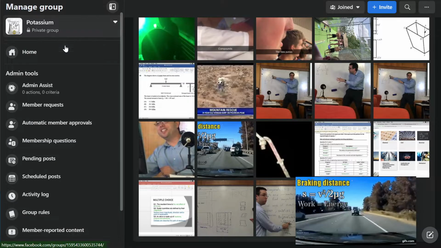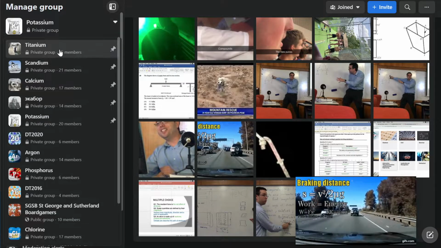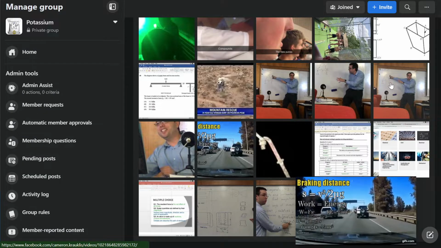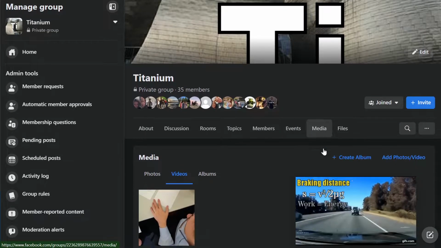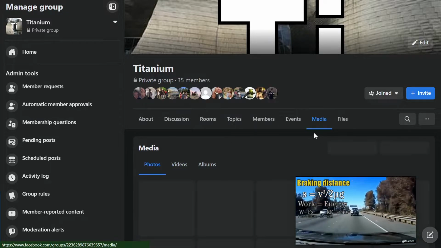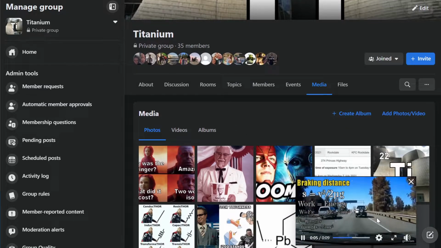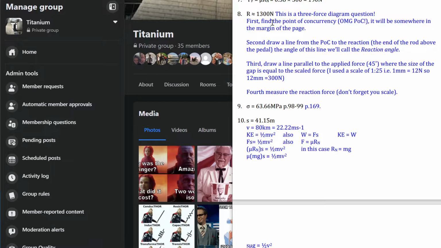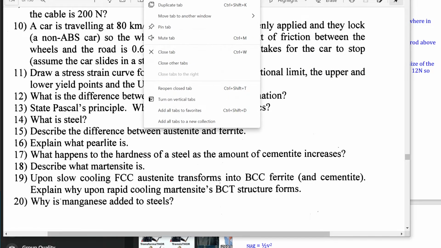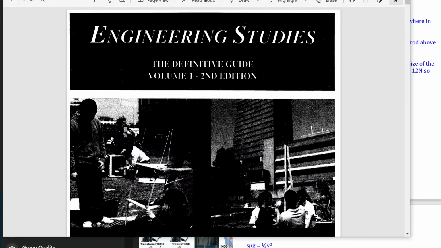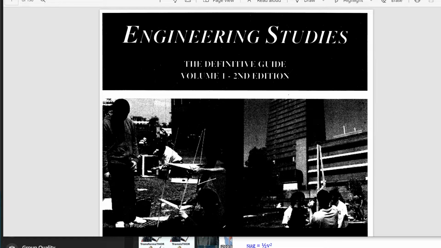Stop. That's what we want to do. And then we're going to go to titanium, which is the current class, and then to media photos. If we can get the other Edge window, this one here, and duplicate it, it might work.